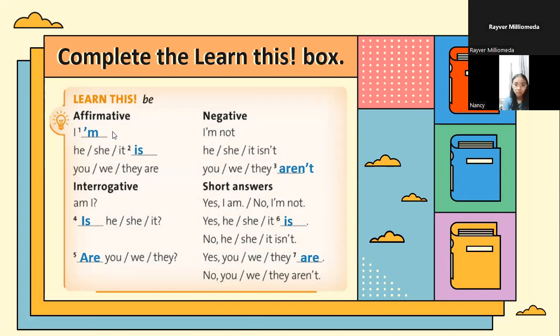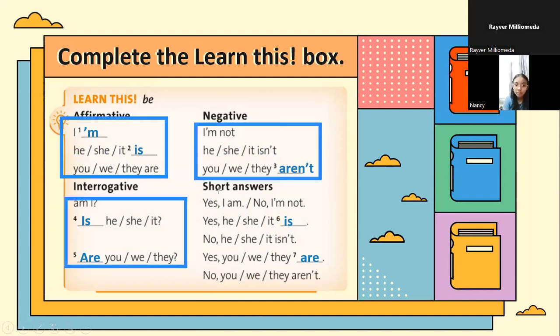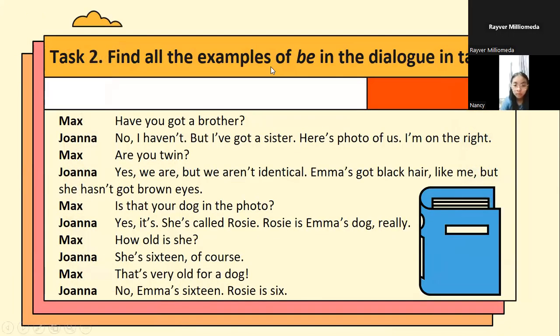Remember this? This one, this one, this one, and this one. So now I want you to find all of the be examples in this dialogue. Can you do it?